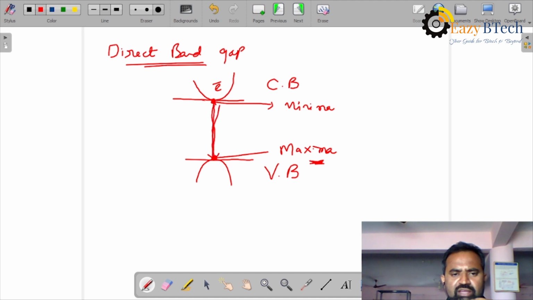Means the traveling path of the electron is a straight path from the conduction band minima to the valency band maxima. When electrons fall from the conduction band to the valency band, they start radiating energy.